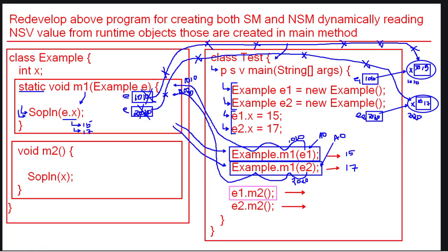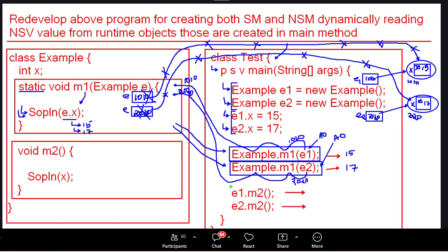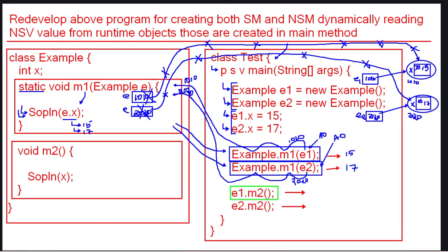E1.m2. Have you all completed non-static methods? Completed? If not, I will wait. Completed or no? Tell me now. E1.m2. Here, observe, in a static method, class name is separately there, object is separately there. But in a non-static method, class name and object both are together available in a single name called what?